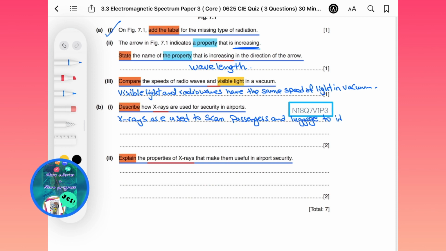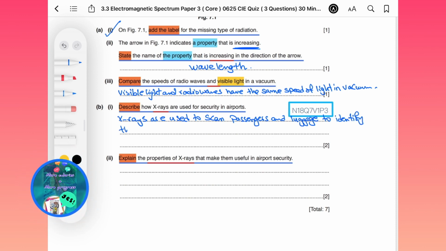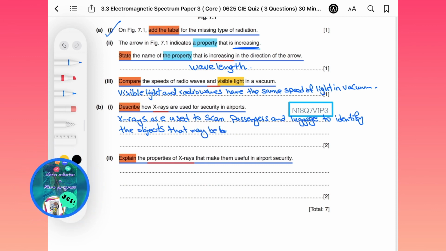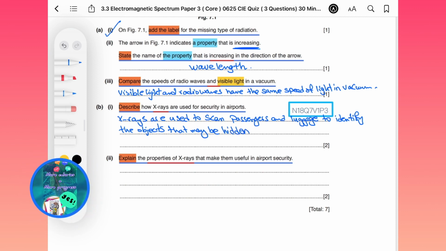To identify the objects that may be hidden by passengers.